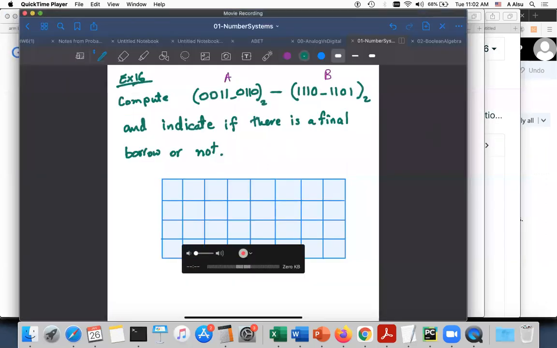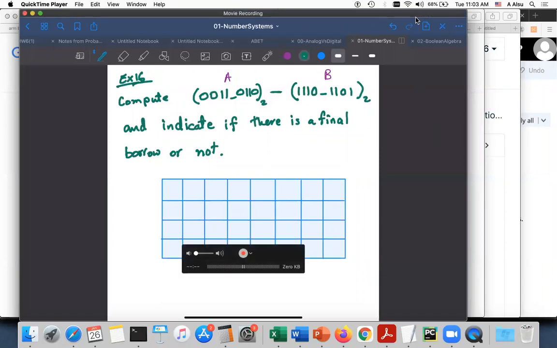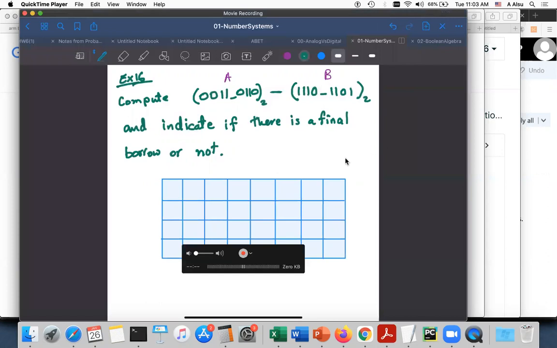The attendance sheet is closed. I know, I just closed it, but I'll open it at the end anyway.